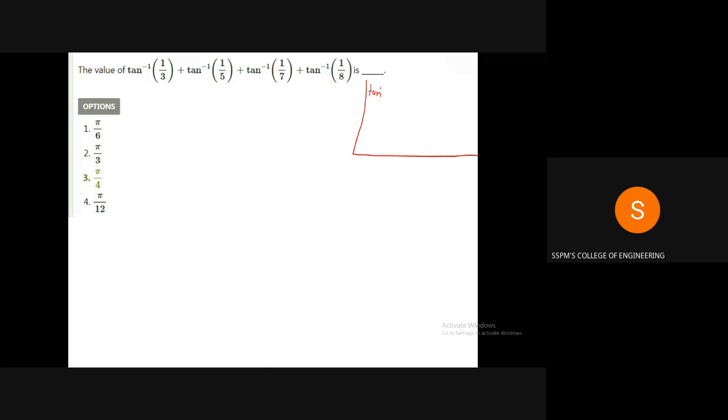Which is tan inverse A plus tan inverse B is equal to tan inverse of A plus B divided by 1 minus AB.